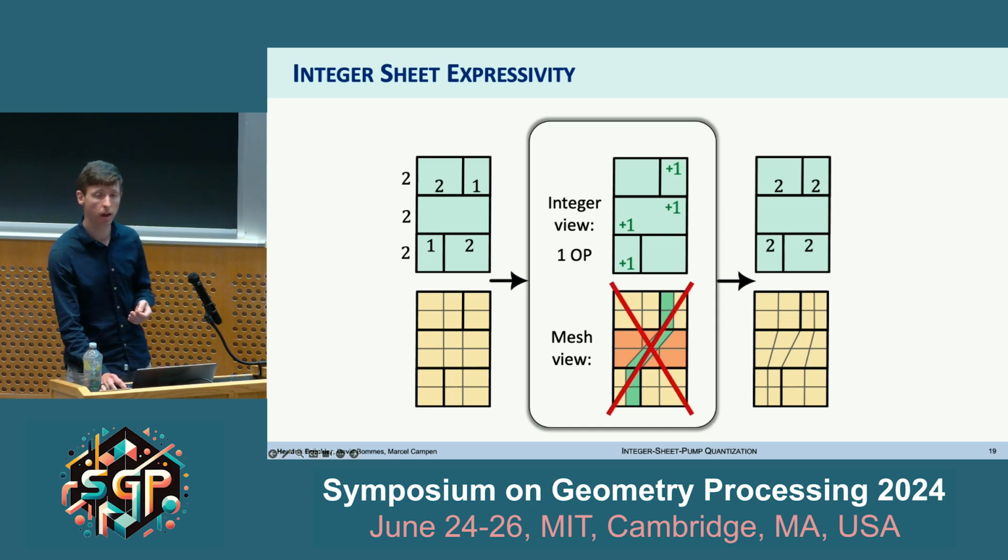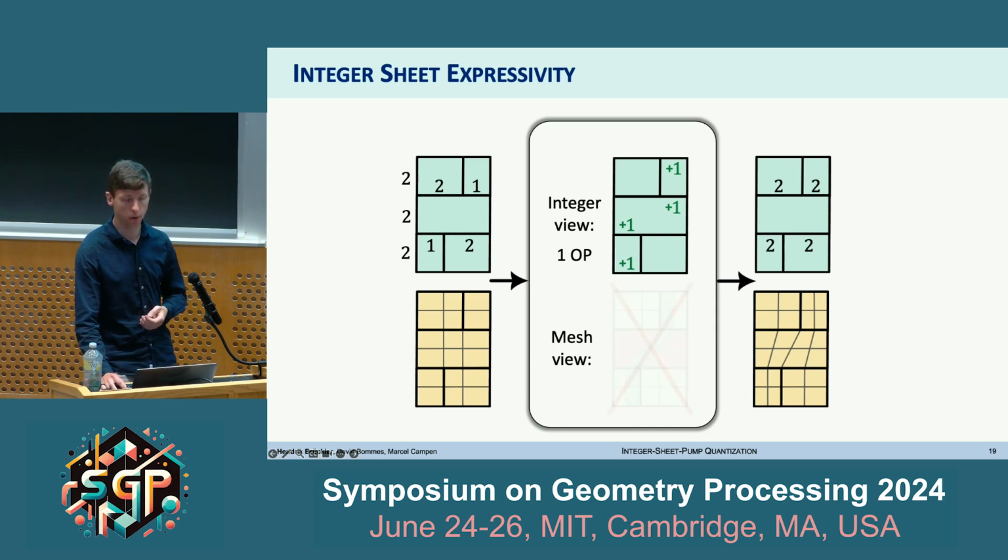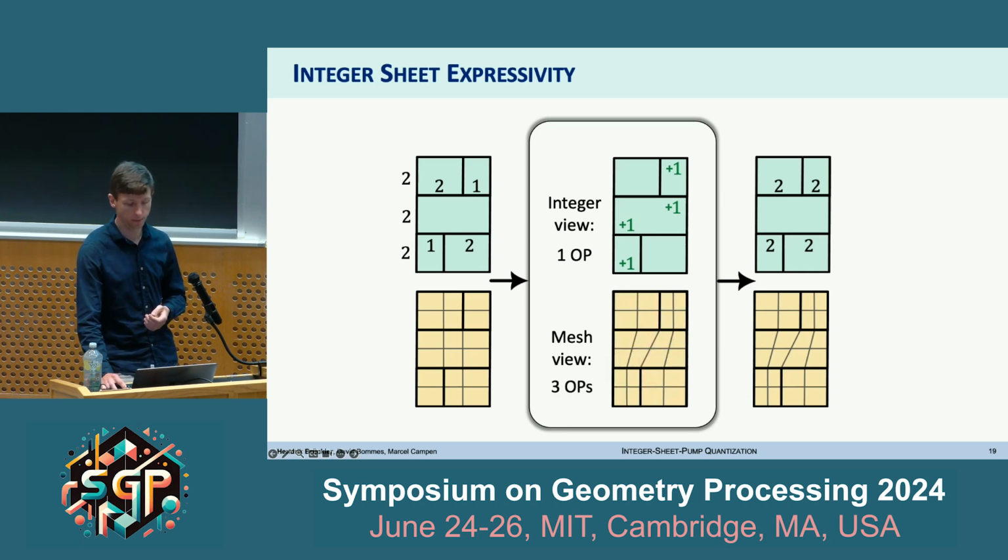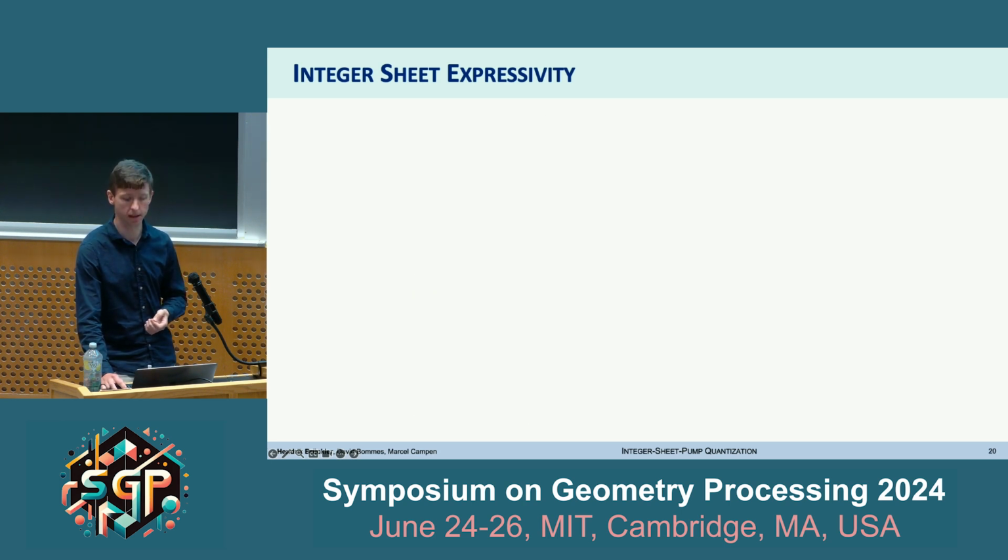So instead, working on the output mesh requires more operations to achieve the same output. 3 to be precise. So our integer sheet operators are much more useful in a greedy approach where bad intermediate states cannot be tolerated.